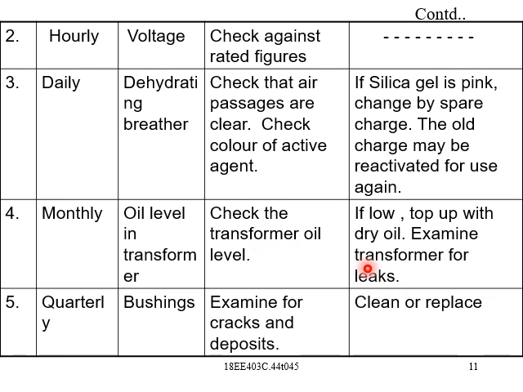If the transformer oil is low, then top up with dry oil. That means you just fill it. And also you should examine the transformer for any leaks. If there are leaks, the oil level decreases drastically. It may lead to huge loss. So you should check the leaks also.